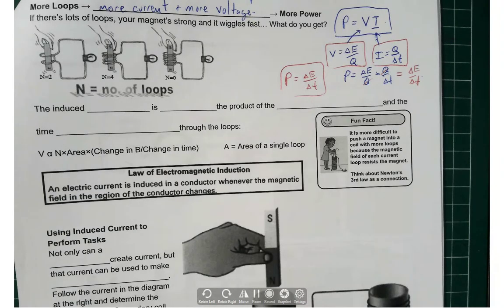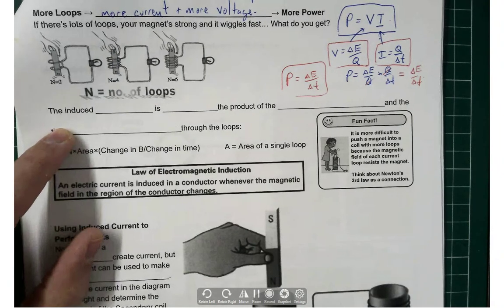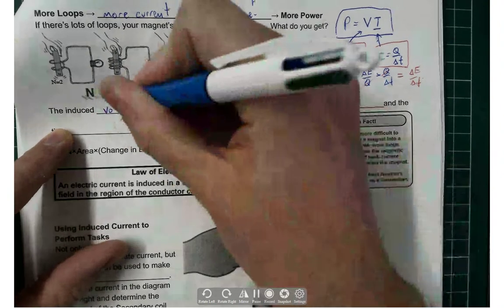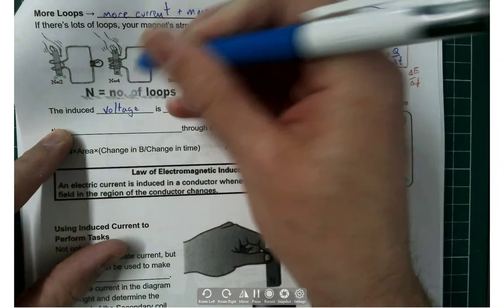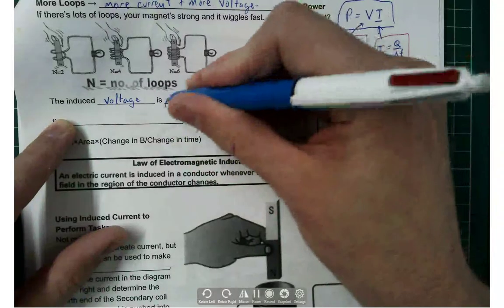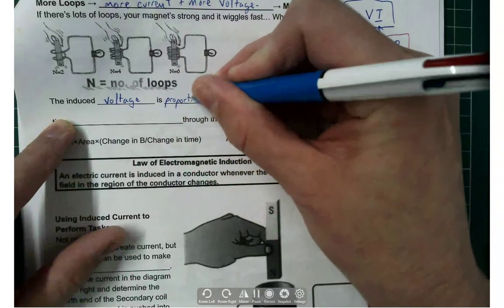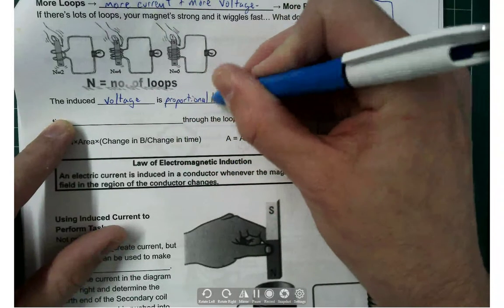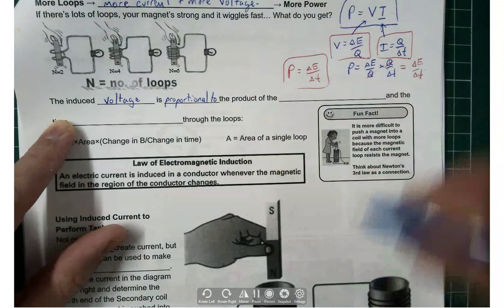All right, so back over to this thing. The induced voltage, and I'm saying voltage as slang. We all know it means electric potential difference. It's just Volta's last name, kind of messed with. The induced voltage is proportional to the product of the number of loops.